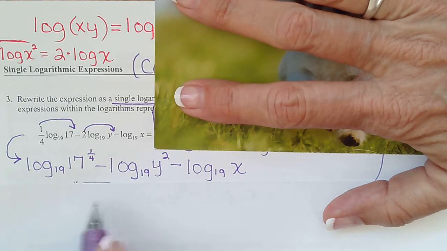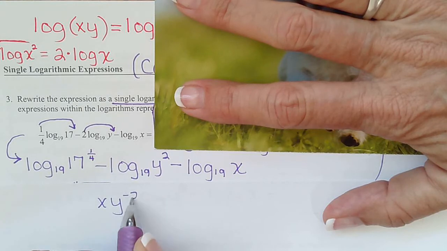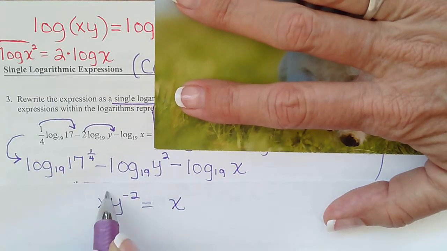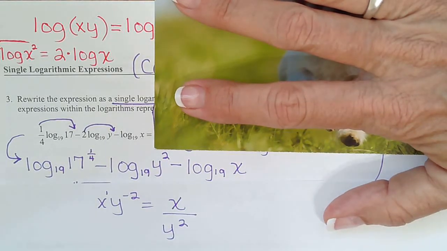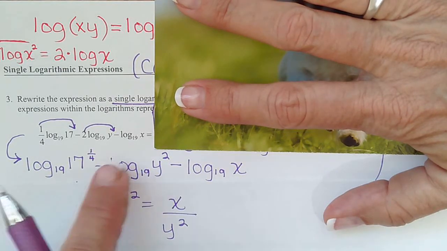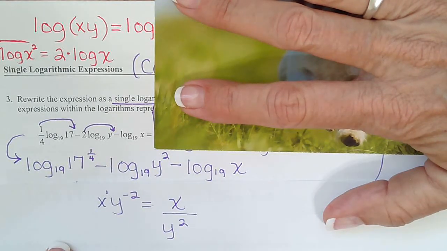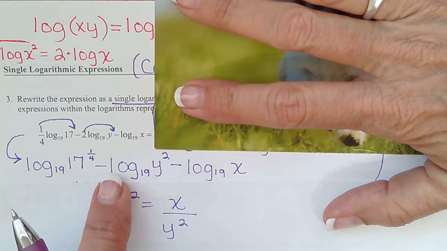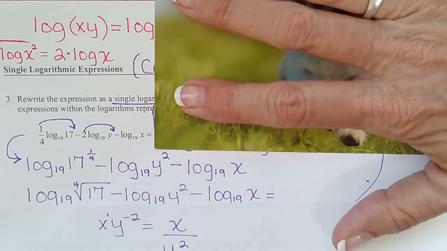Remember how when we had answers like this in chapter 4, you had to keep your x in the numerator because it was positive, but you had to bring your y squared down to the denominator to make it positive. So it's the same thing. Anything that has a negative is going to have to go into the denominator of the fraction to make it positive. So same rule as exponents. Now we're just doing it with logs.